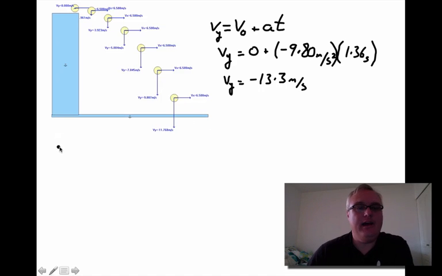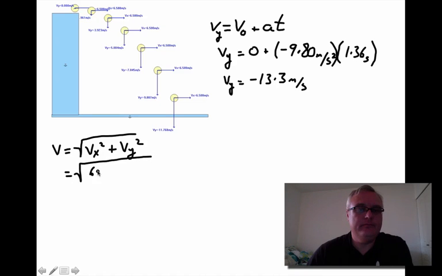And then I need to add those two components together to get the final velocity. So the x component squared plus the y component squared. So the 6.5 squared and the negative 13.3 squared.